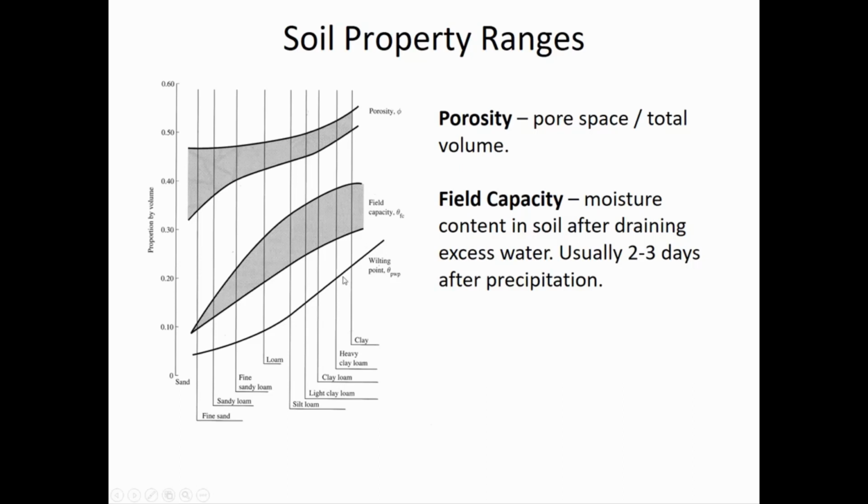And we can see that the clay soils hold on to a much greater proportion of water than the sandy soils do. They'll drain out to where the water is just wetting the outside surface of a sand grain, but the voids that are large, the water drains out of those large voids really easily, whereas the voids are smaller in clay soils, and so less of the water has drained out after precipitation.